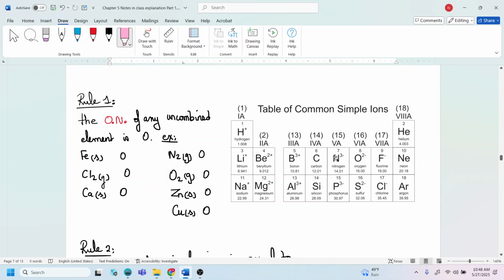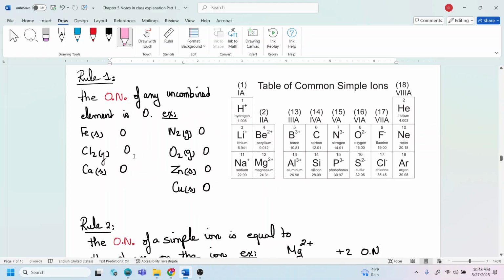And then group number five needs to gain three electrons in order to become octet. Group six needs to gain two electrons to become octet. Group seven needs to gain one electron to become octet. So this is why it's a negative. And group eight is already octet, so it neither gains nor loses. So its oxidation number is always zero.